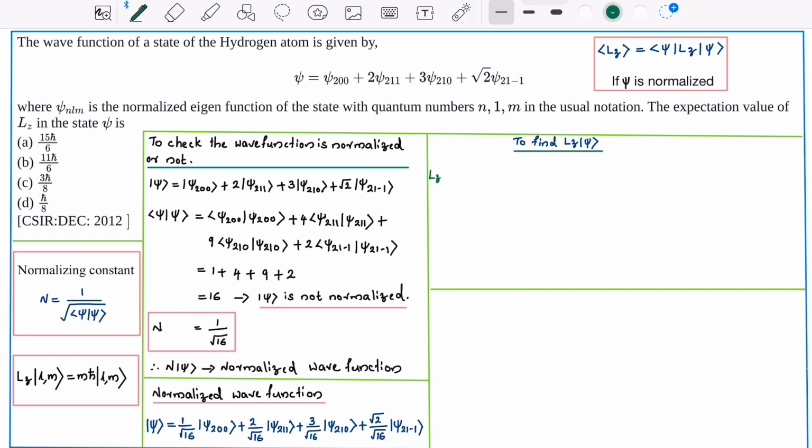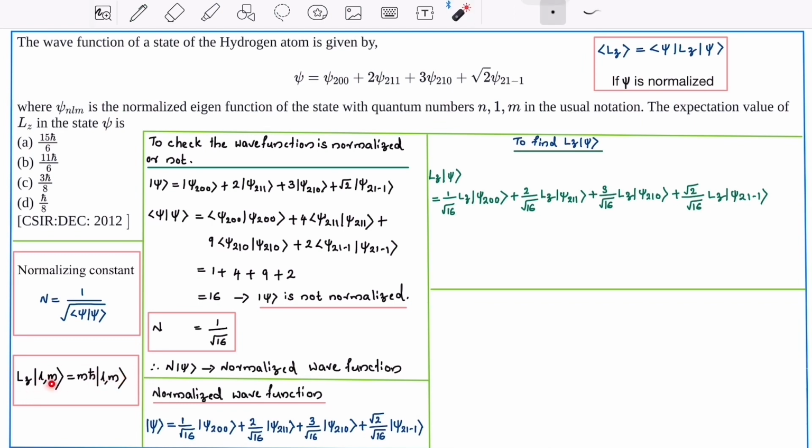Now Lz acting on psi is equal to 1 by root 16 Lz psi 200 plus 2 by root 16 Lz psi 211 plus 3 by root 16 Lz psi 210 plus root 2 by root 16 Lz psi 21 minus 1. We know that when Lz operates on the state Lm, you will get m h bar Lm.